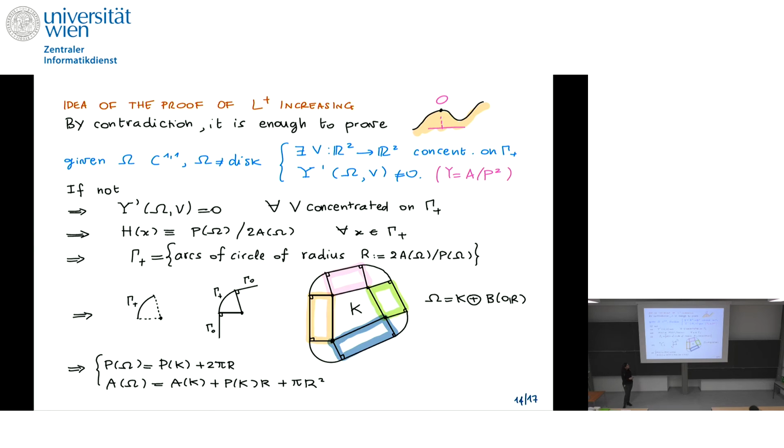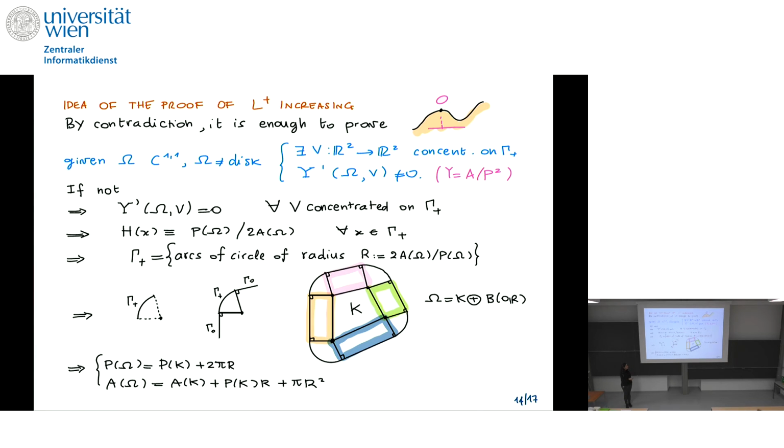The perimeter is nothing but the perimeter of the polygon plus the perimeter of the disk. The area is the area of the polygon plus the area of the rectangles, which is the perimeter of the polygon times r, plus the area of the disk. So everything is explicit. Here we have that K is the unknown, but r is given by this relation.